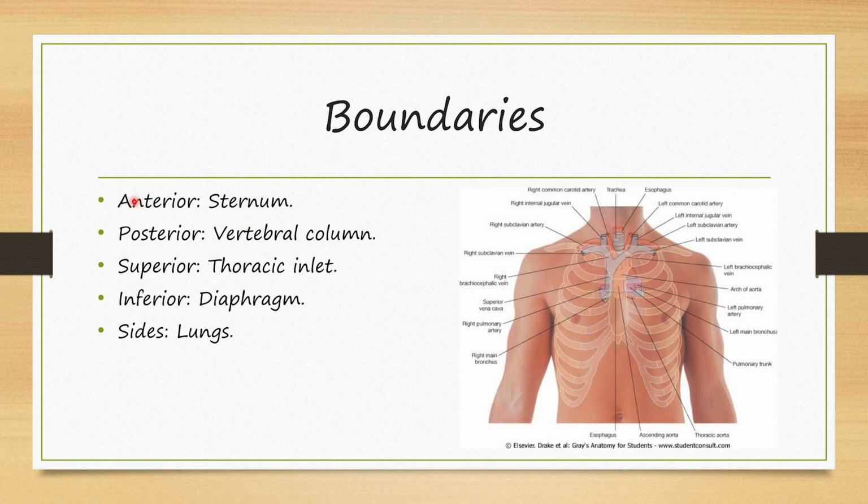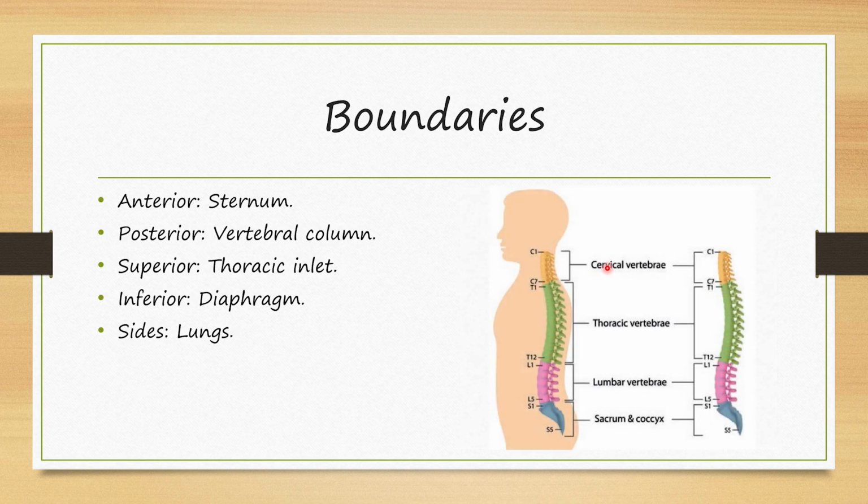As we said, anteriorly is the sternum, somewhere like here, in front of the rib cage. Posteriorly there is the vertebral column, as we told: the cervical, thoracic, lumbar, sacrum, and coccyx.